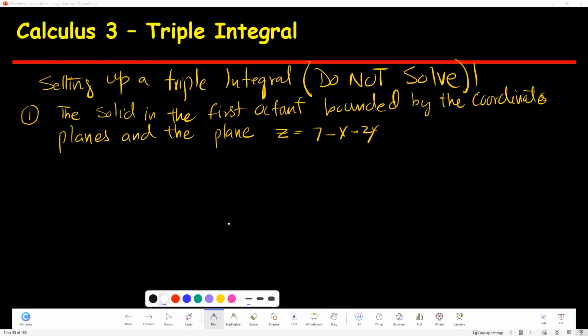We just have to set up the integral without doing anything else. The function is given; only the limits I have to use to bound the end points of this solid. So I'm going to say dz dy dx.